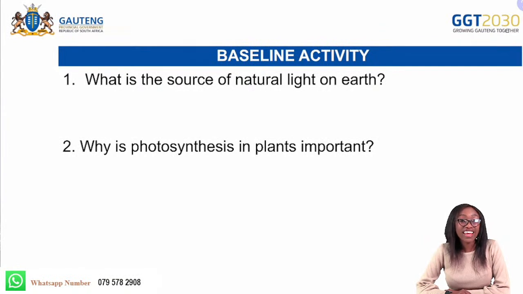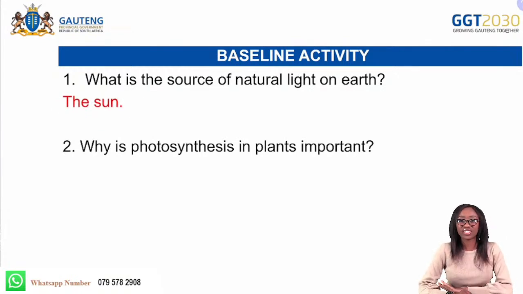Welcome back, grade 8. So now let's answer the questions together. The first question read, what is the source of natural light on Earth? The sun is the source. So if you wrote that one, give yourself a mark. And the second question is, why is photosynthesis in plants important?